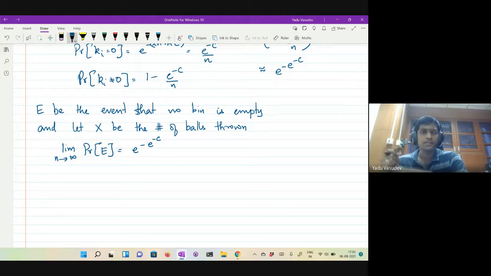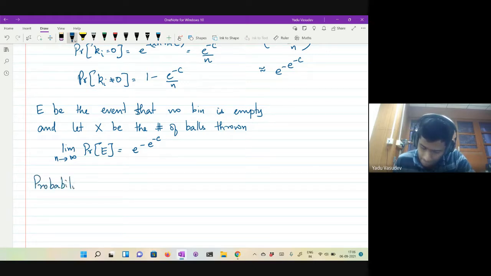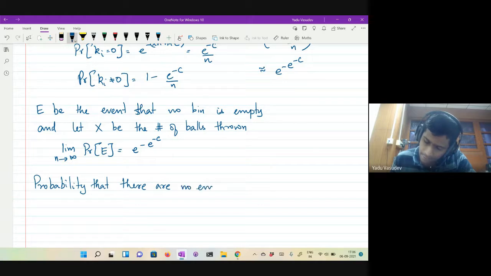Now the Poisson approximation tells you that this probability, the probability that there are no empty bins, is equal to... Okay, maybe I should revert this slightly.